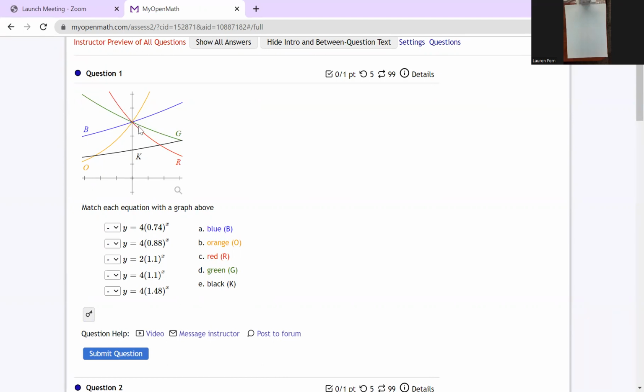Similarly, R and G are both decaying. So what does that tell us about the base of our exponent? Less than 1. They're between 0 and 1. So already we know that green and red are these 2. And notice that our red one is decaying faster than our green one. So question 1 is literally just asking about familiarity and playing match.